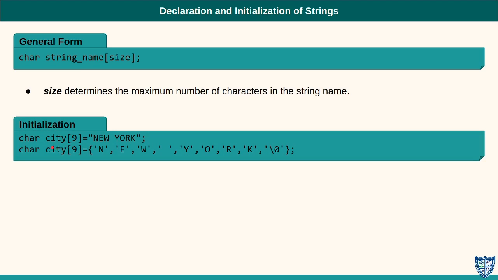Let's see an example for initialization. This is an example of compile time initialization. We have declared a string variable known as city, and within square brackets we have put 9. That means city can contain a maximum of 9 letters. It can be less than that, but it cannot be more than that.